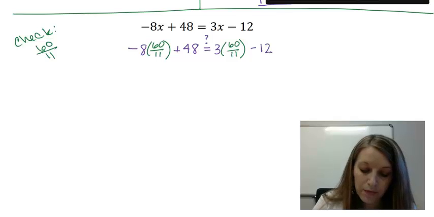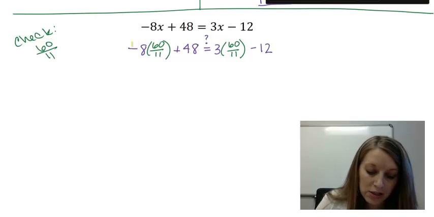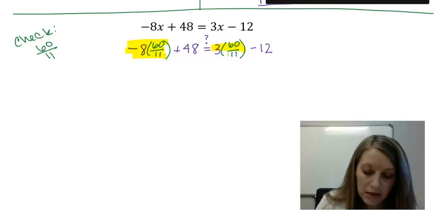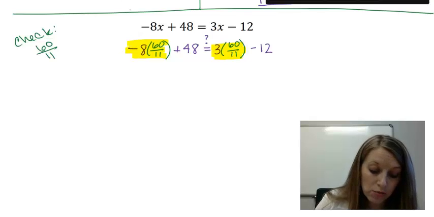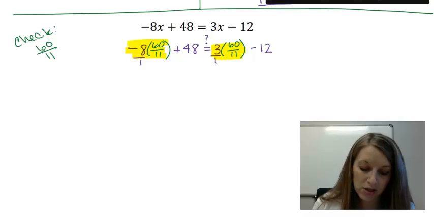minus 12. So the first thing that I need to do is I need to multiply these here following my PEMDAS rules. Reduce if I could, which I cannot, so I'm just going to multiply straight across, and I can put these over 1 if I need to.